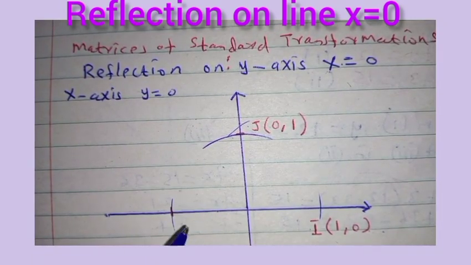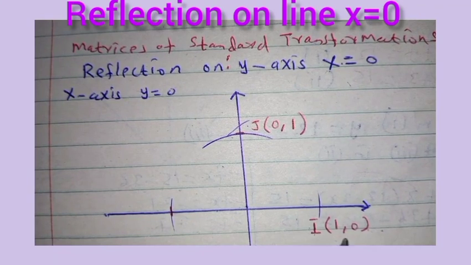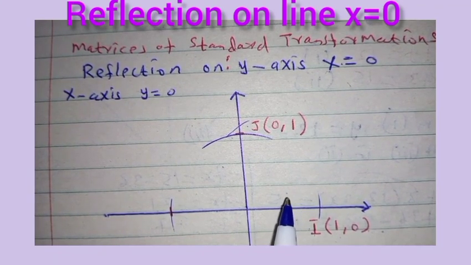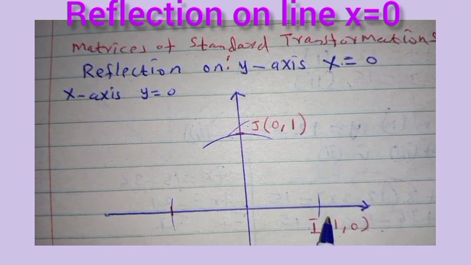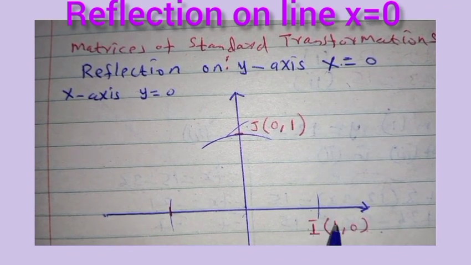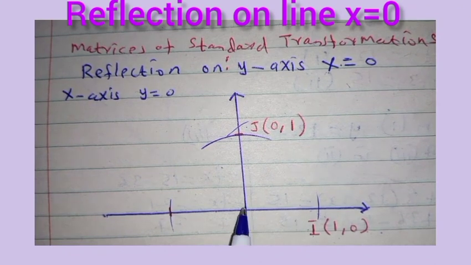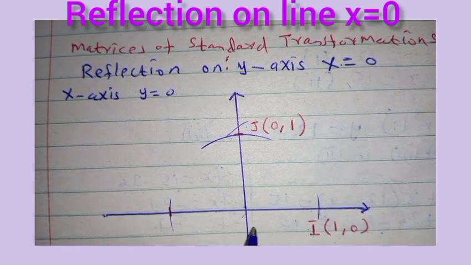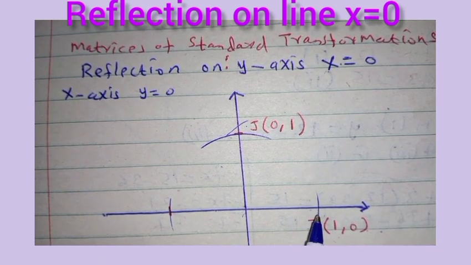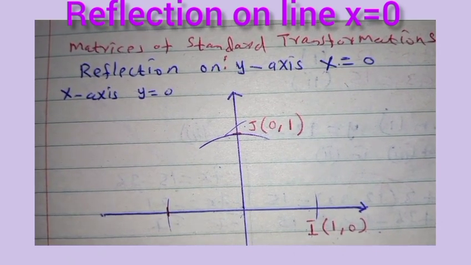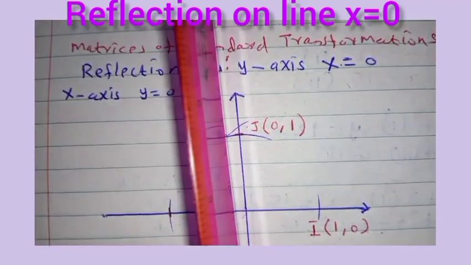Reflection along the y-axis. So point I is here, from the origin to here, 1 unit along the x-axis and 0 units along the y-axis. The image of this point I is a unit vector. We can consider this to be our mirror.